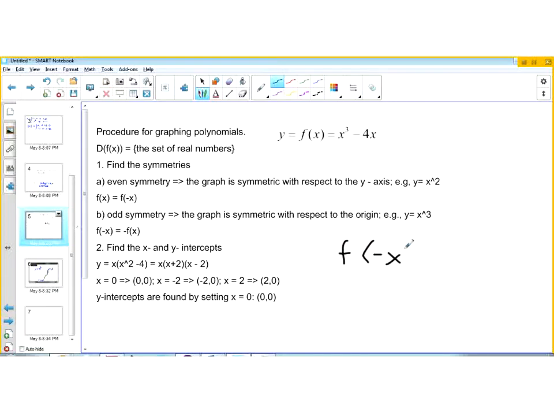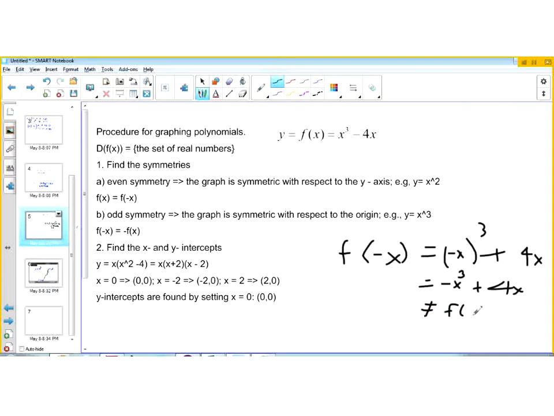Okay, so what is f of minus x? That is equal to minus x quantity cubed minus 4x, right? Plus 4x. And that is equal to minus x cubed plus 4x.